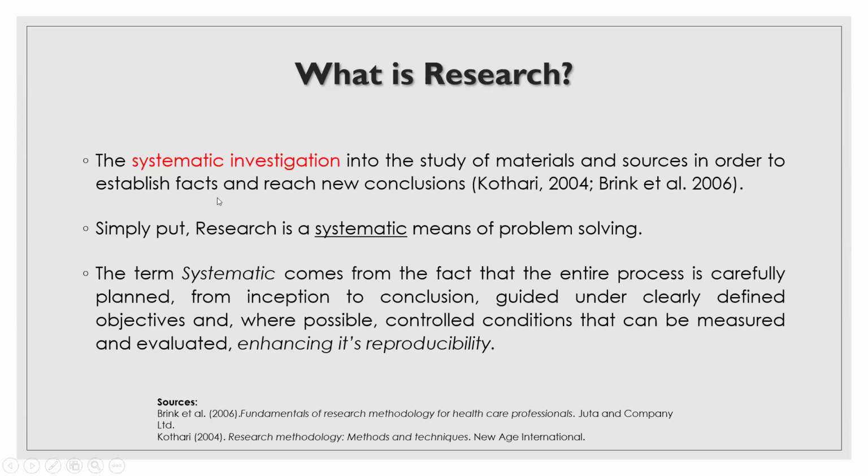How you would select that number, even if you have calculated it scientifically, it's also a carefully planned process. Are you going to be doing a simple random sampling? Are you going to be doing a systematic sampling? Are you going to be doing a cluster sampling? You don't just decide, oh, I'm going to pick my sample anyhow I like. No. There is a carefully planned process.